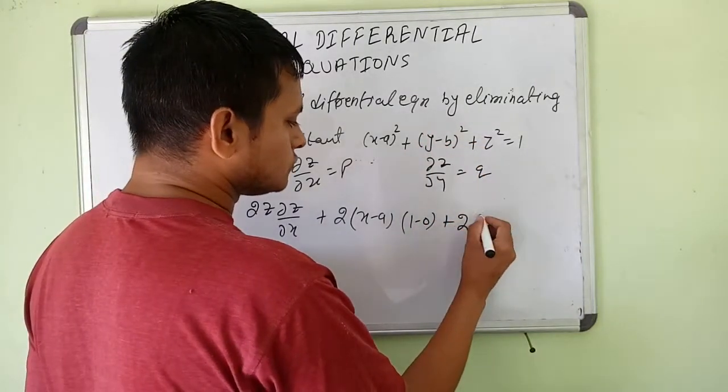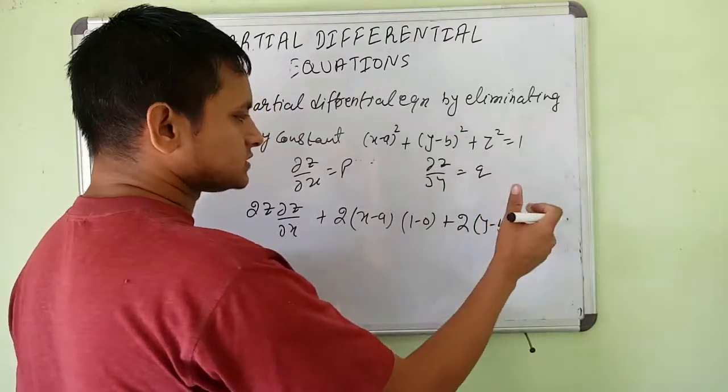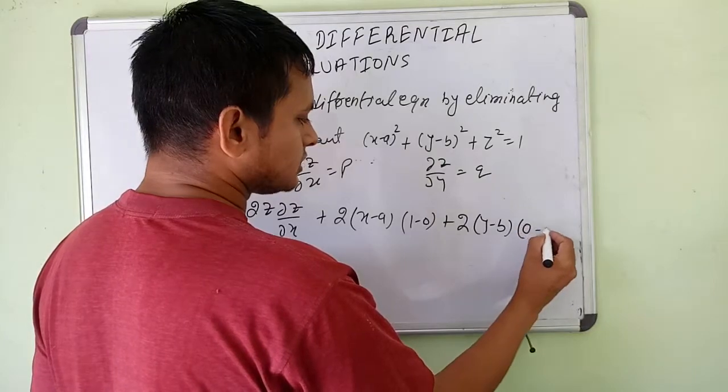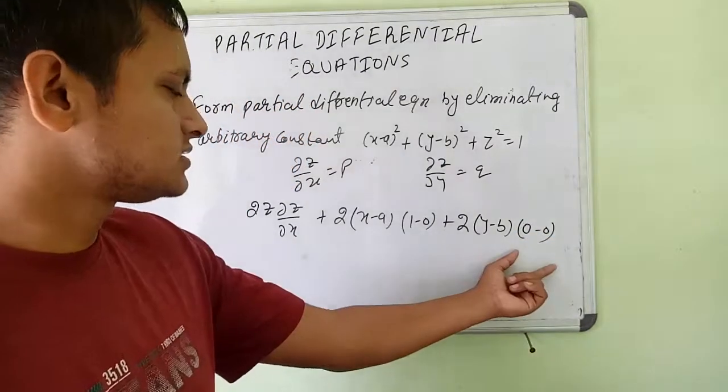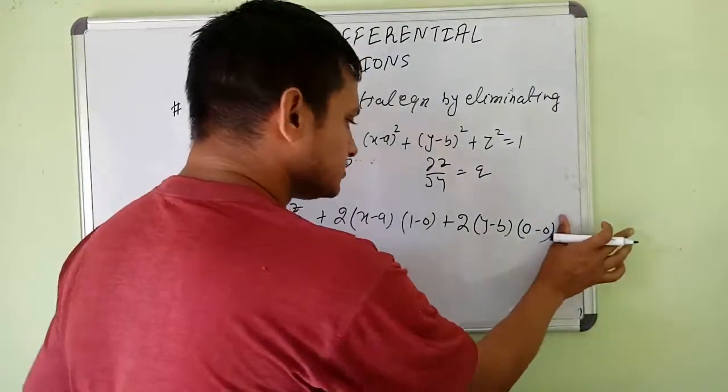So 2 will jump down and y minus b. So 2 minus 1 is 1, and again differentiation of y is 0. So 0 minus 0 is 0, and 0 multiplied by this 2 into y minus b is 0.